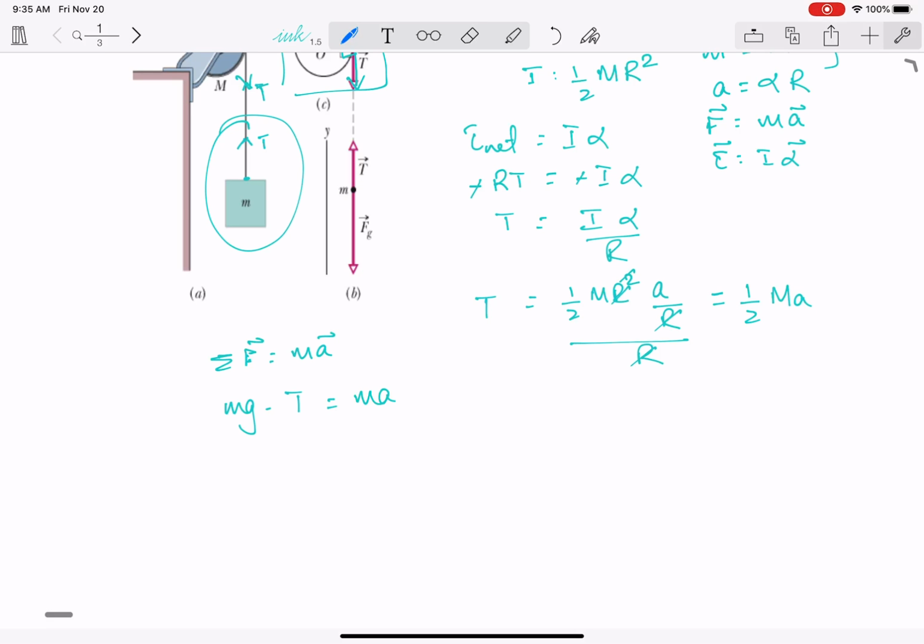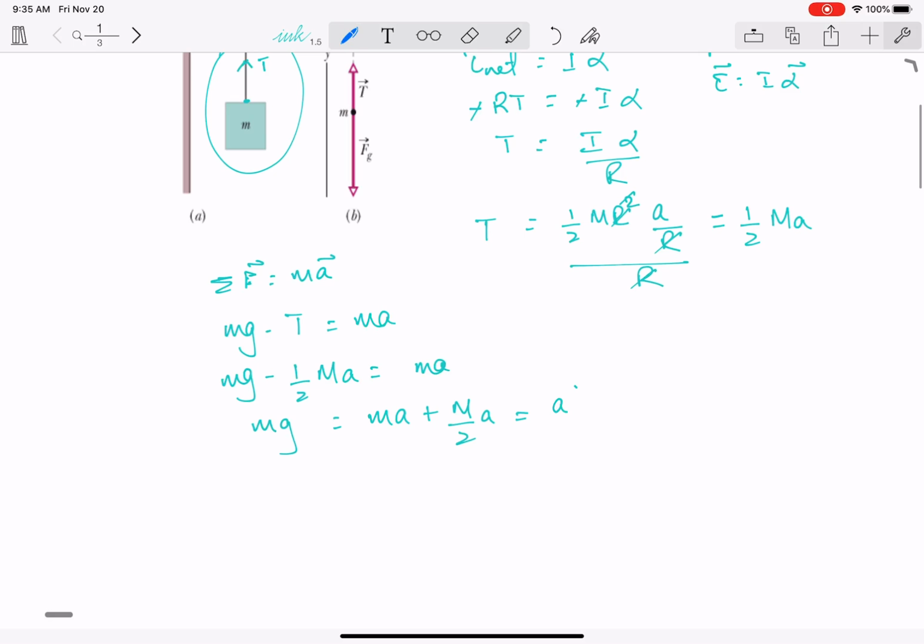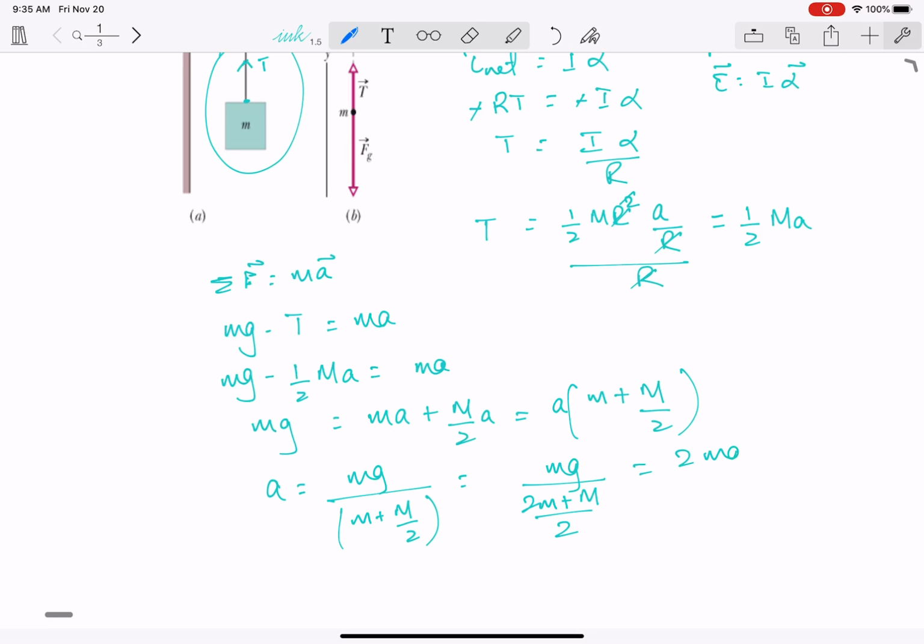We know the magnitude of tension, so m g minus 1/2 M A equals M A. Put acceleration on the same side: m g equals M A plus m over 2 A. Acceleration A equals 2 m g over 2 m plus m, and you will get 4.8 meters per second squared.